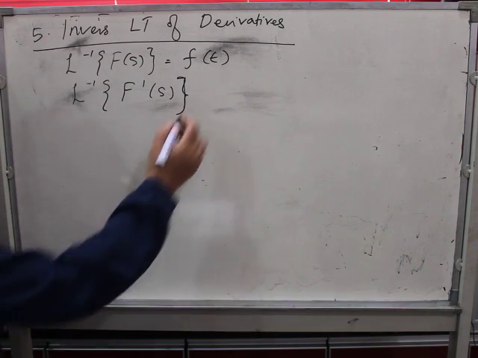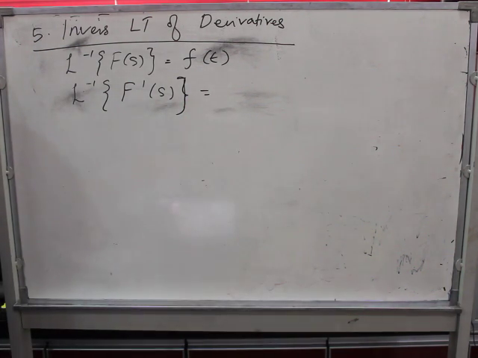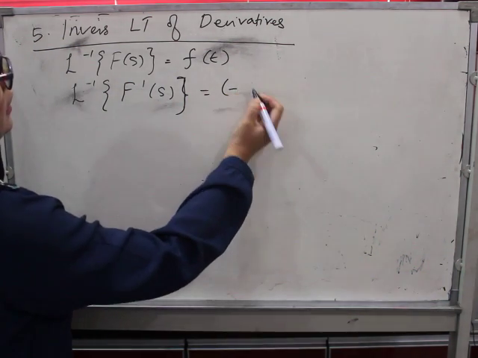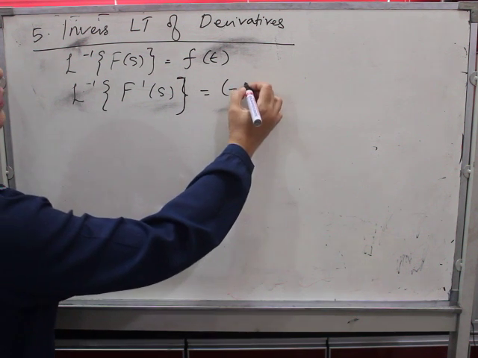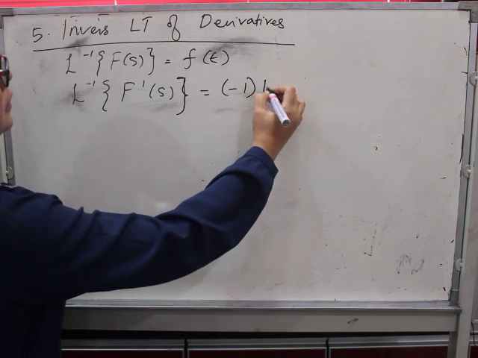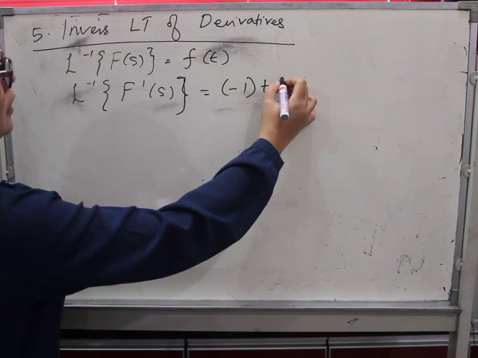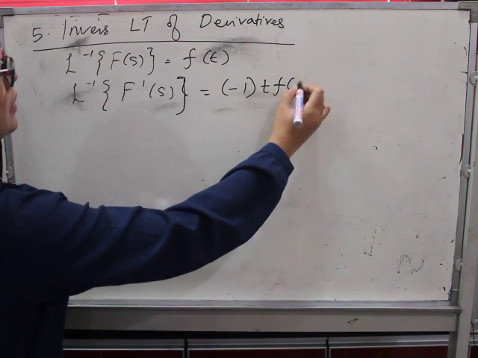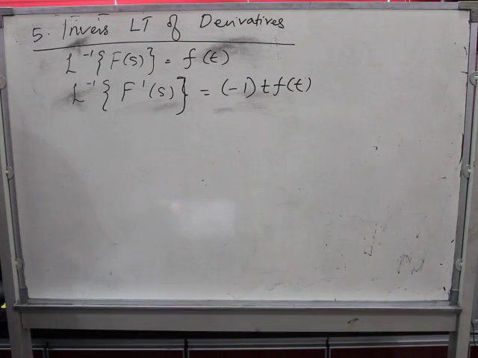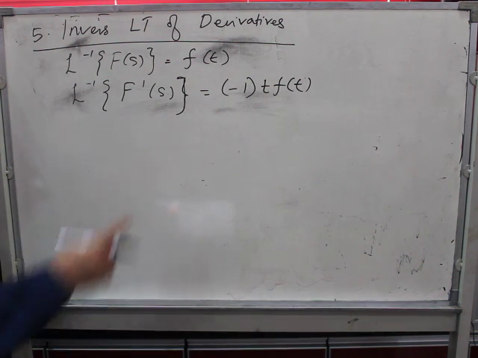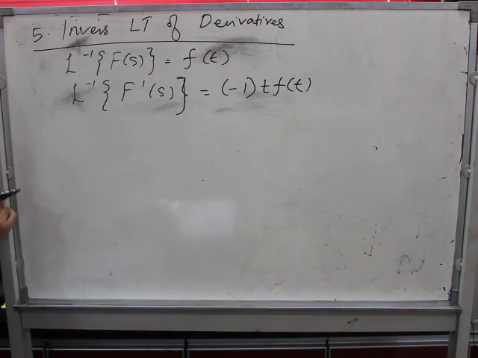Okay, so in the notes, we have negative 1 to the power n, t to the power n, ft. Okay, this is the property in your notes, right?